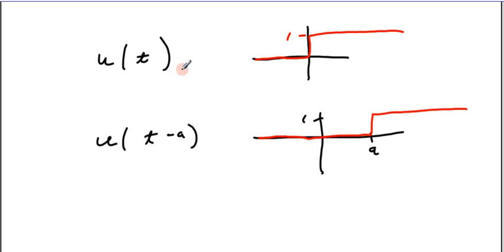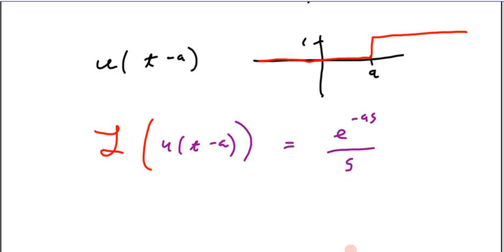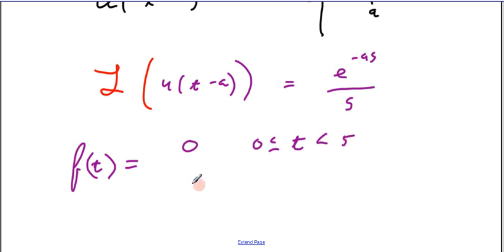Now, theorem 2, one more thing. The Laplace transform of the unit step function u(t minus a) is going to be e to the minus as over s. That's easily shown, because I've got f(t) equal to 0 from 0 to t equal 5, and 1 for t greater than or equal to 5.